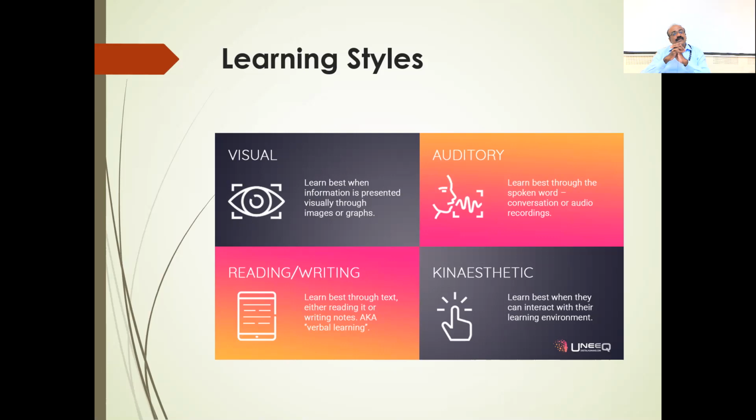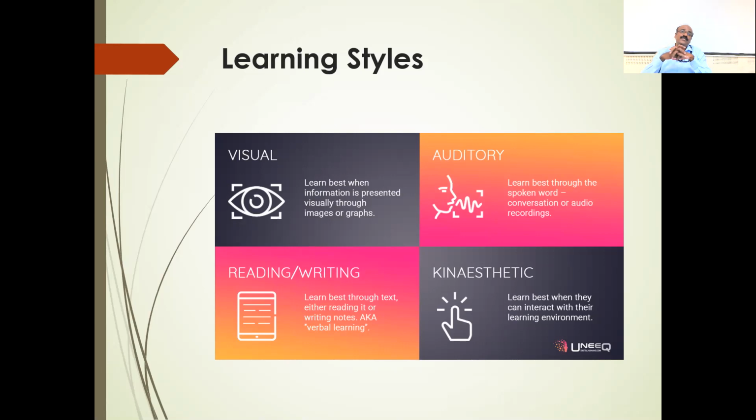And one more learning style, which is considered as the fourth learning style, that is read and write learning style. So together, you can broadly categorize them into four: visual learners, auditory learners, read and write learners, and kinesthetic learners.